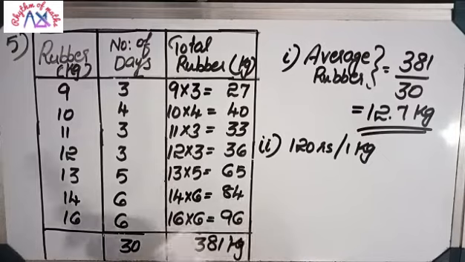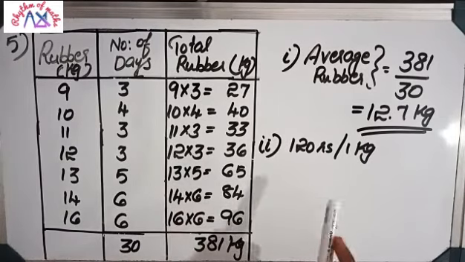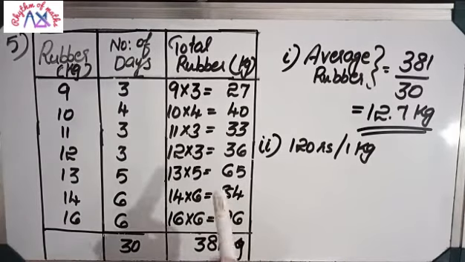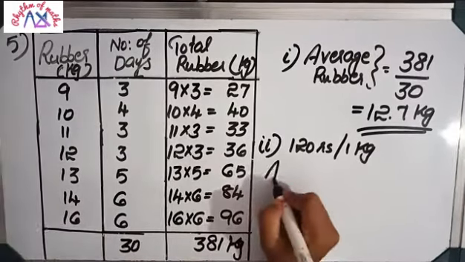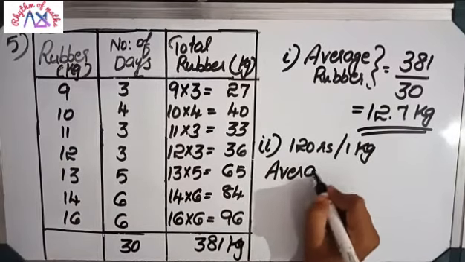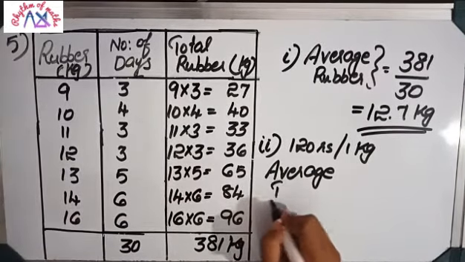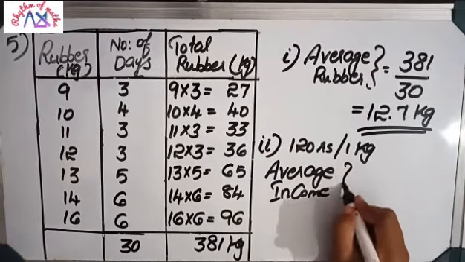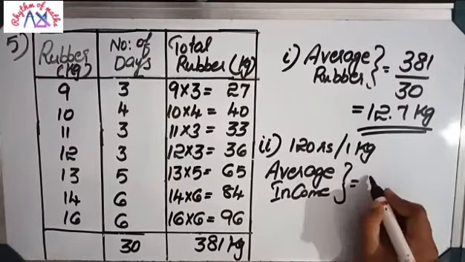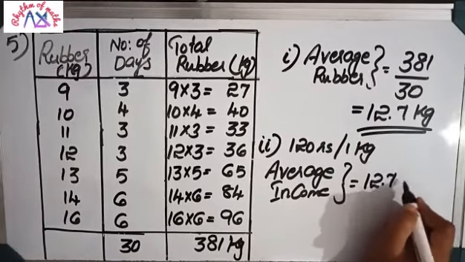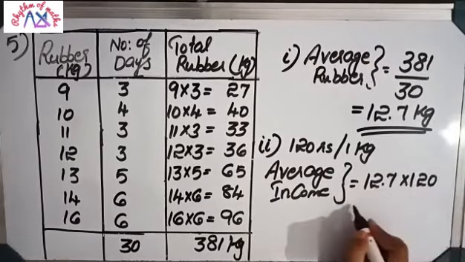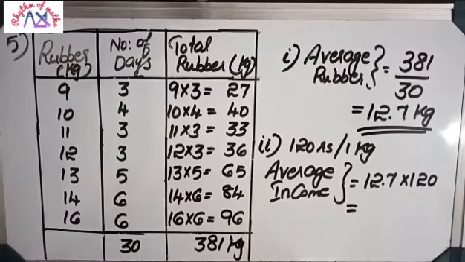Then what is the average income? It is not the total income. Total income means 381 into 120. That will be the total income. Average income is the question. So average income means, what is the average weight here? The average weight here is 12.7. So average income means 12.7 into 120 will be the answer, because we need average income.